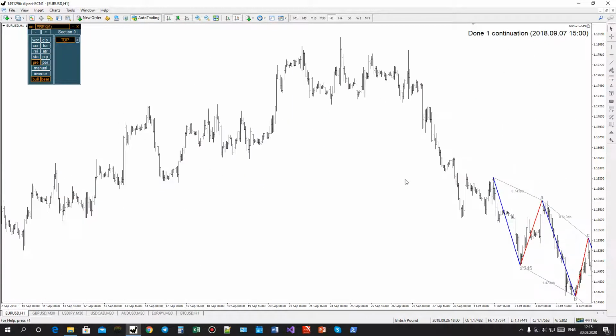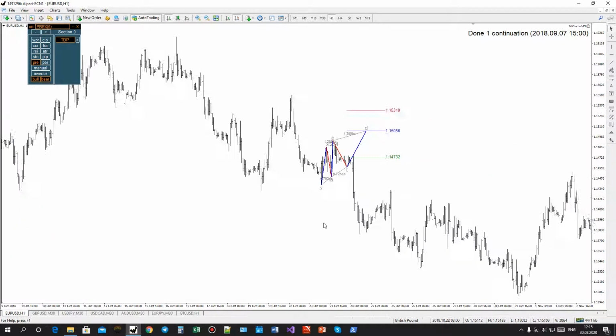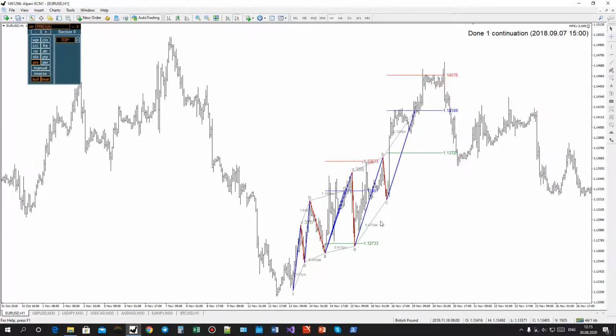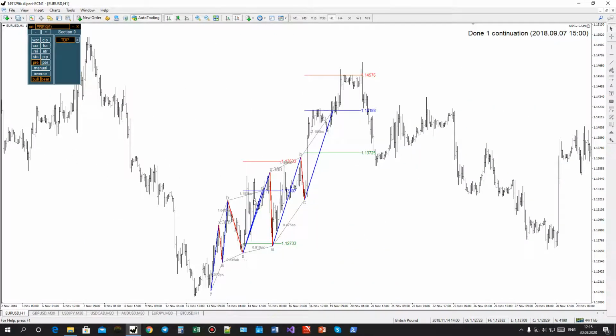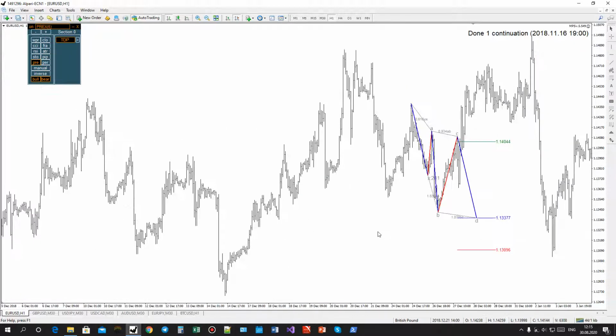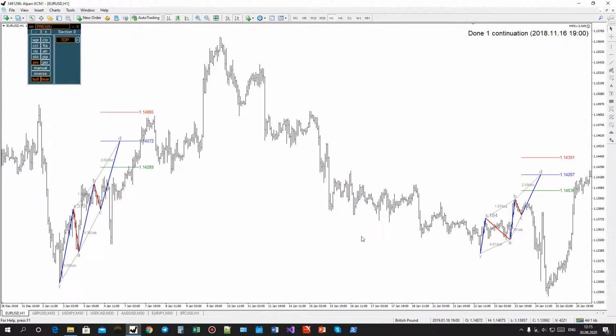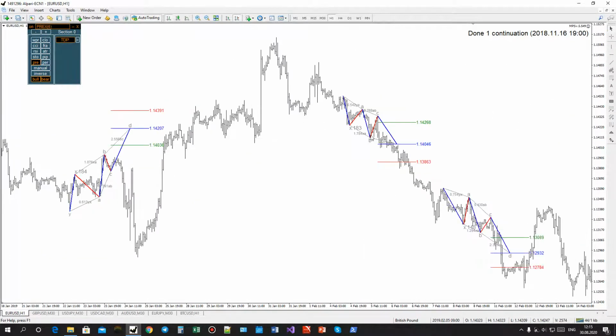So we have one more. Wow, the first one is a win. Then goes the second one. It's a loss. Didn't complete, invalidated, didn't complete.